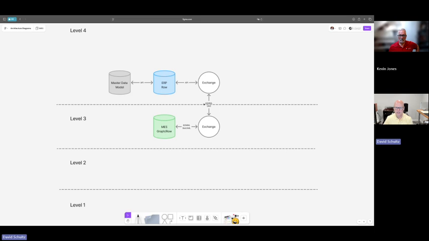That's pretty common. But how we're going to get information between our level 4 systems and our level 3 systems is going to be using this concept known as B2MML. And so that's, again, just a standard schema for exchanging that information. So coming down, we're going to use B2MML.